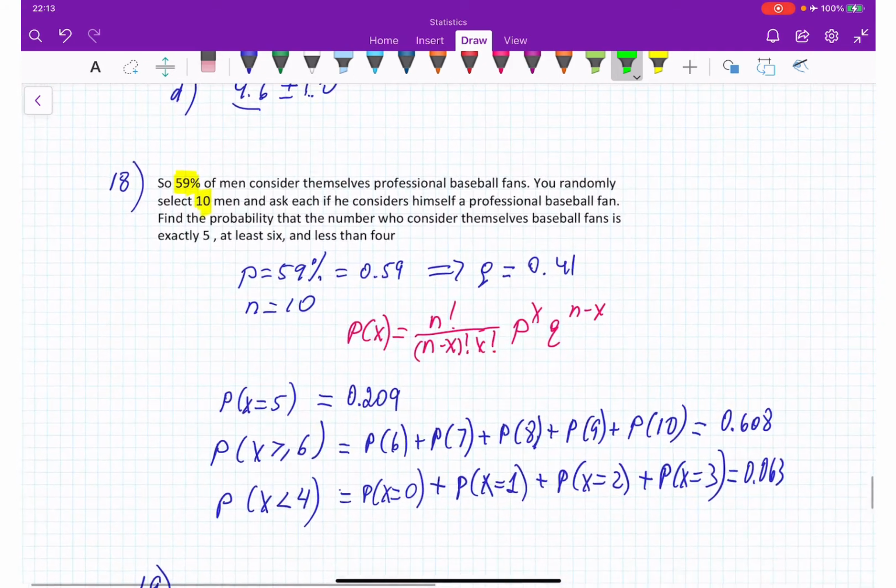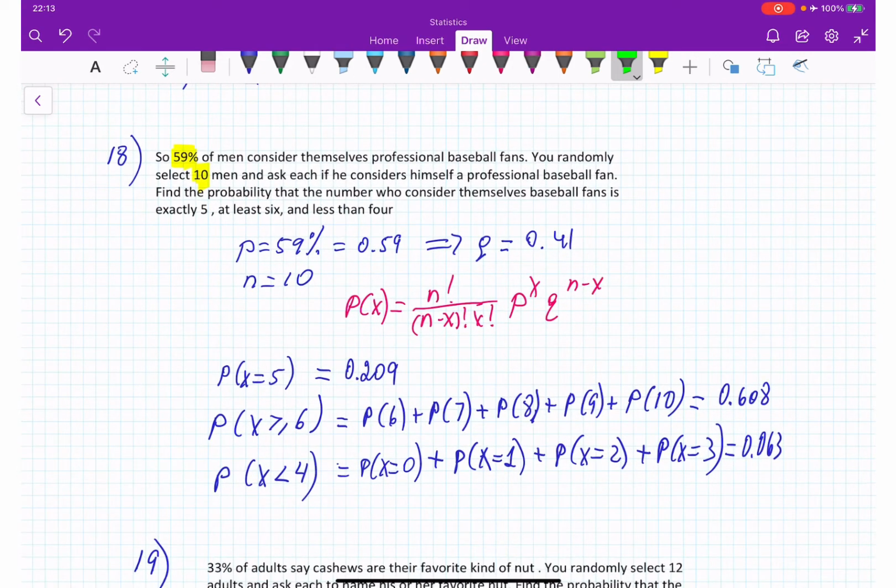Question number 18. Something similar to the previous one. 59% of men in this case consider themselves professional baseball fans. You randomly select 10 people, here we have 10 people, and ask each if they consider themselves a professional baseball fan.